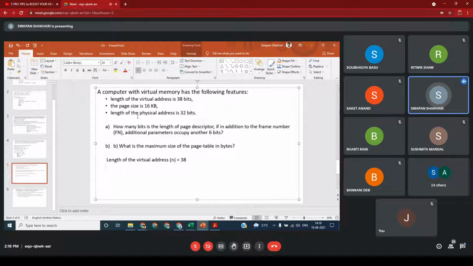So this information is given, and the page size is given.